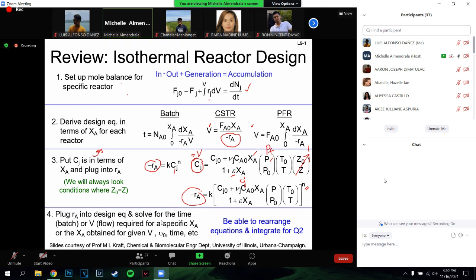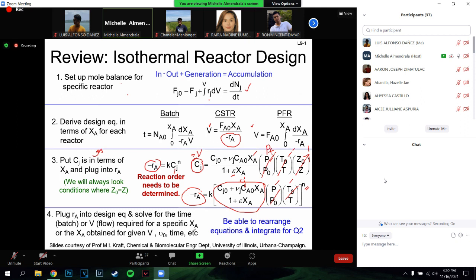So that will be the overall design for your reactor. In this case, the temperature for an isothermal reaction is constant, and usually for most reactors, pressure is also constant. So typically this will just be equal to 1 if you have an isothermal, constant pressure process, and it will just have to be this term.